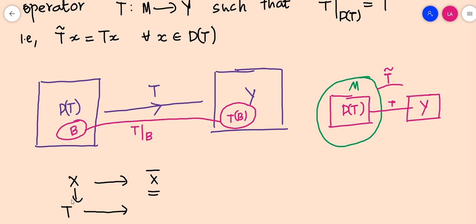T has the property of continuity as well as boundedness, let's assume. Now, if you are defining T onto X bar, can you keep the continuity as well as the boundedness?